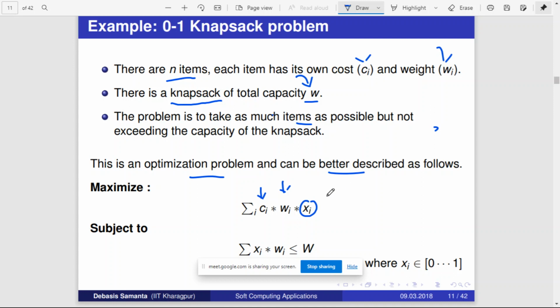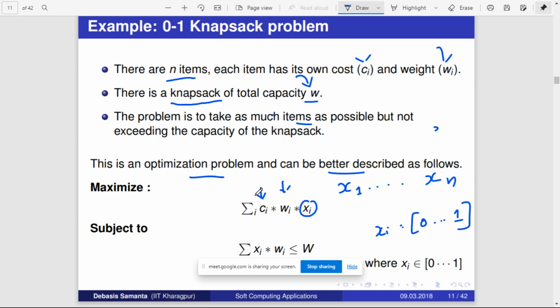X1, X2 up to Xn, these are the items. So whether the thief has taken this item, or how many pieces of this item the thief has taken, is represented as xi.